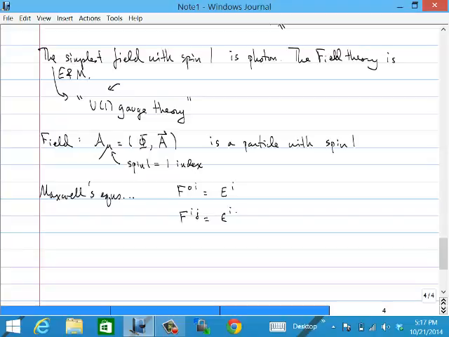So this would be epsilon ijk B_k. These combine to form an antisymmetric two-index object, which is a 2-tensor known as the electromagnetic field strength.